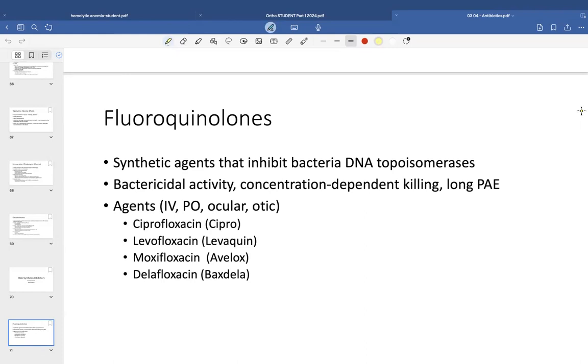You'll recognize these drugs by the fluoroquinolone name in their generics: ciprofloxacin, levofloxacin, moxifloxacin, and delafloxacin. These are important drugs. They have pretty broad spectrum coverage. Some of you may be old enough to remember there was an anthrax scare with dust in the envelopes, right?